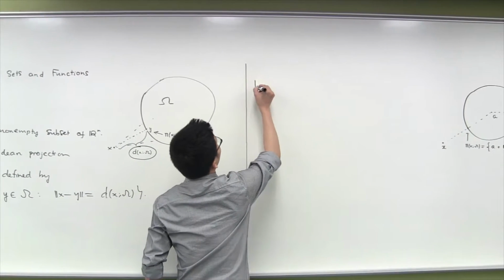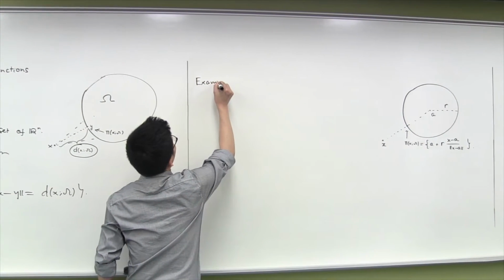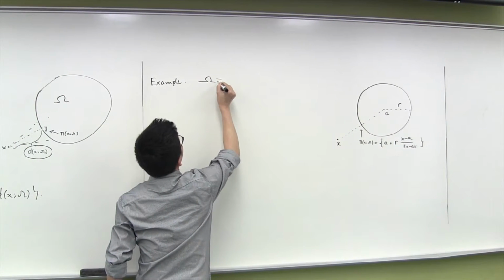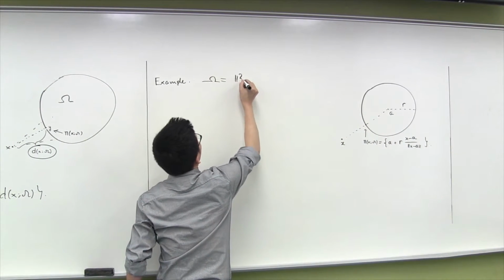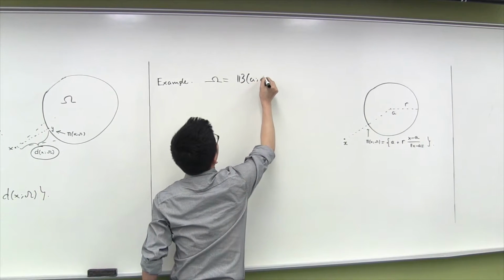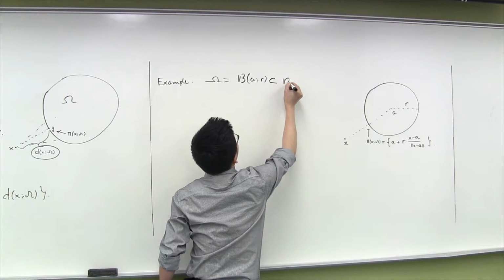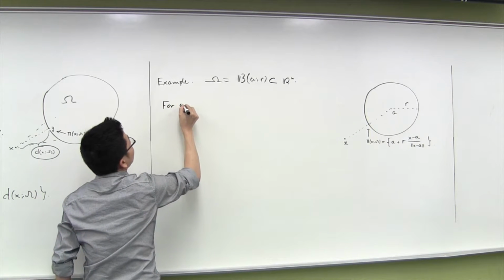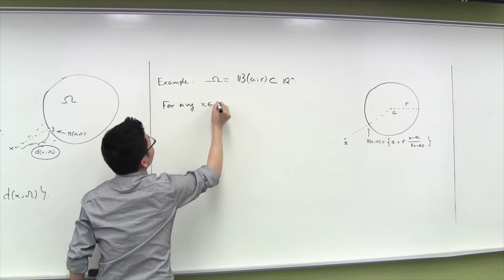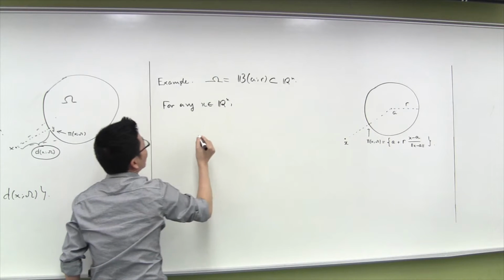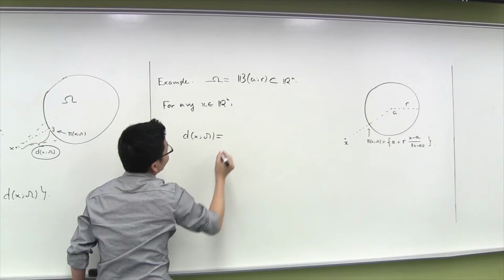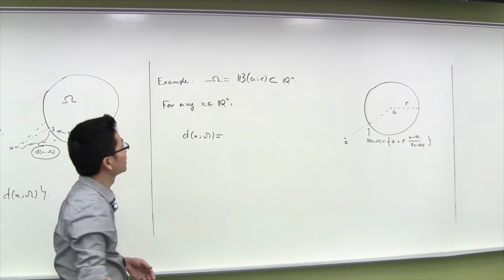In the first example, we consider the set omega given by the Euclidean ball with center at a and radius r in Rn. For any x in Rn, we see that the distance from x to omega is given by the following formula.